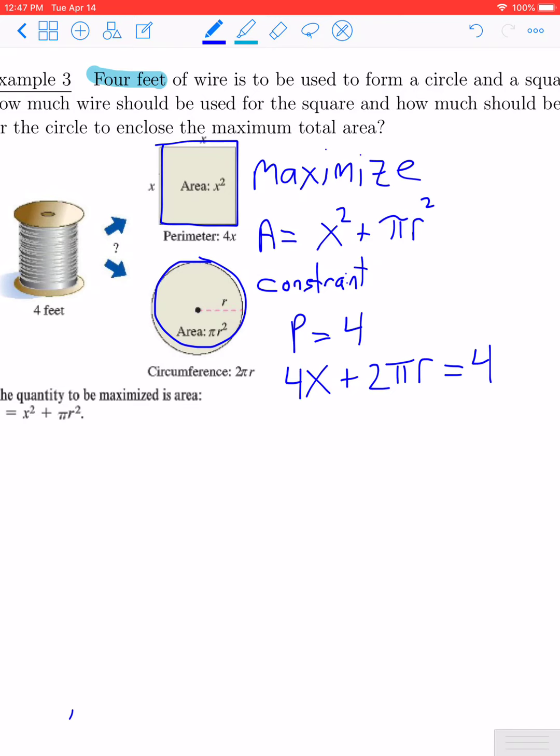We can take this constraint equation and solve it for one of the two variables. Let's perhaps solve it for the variable r. To get r by itself, I would subtract 4x from both sides.